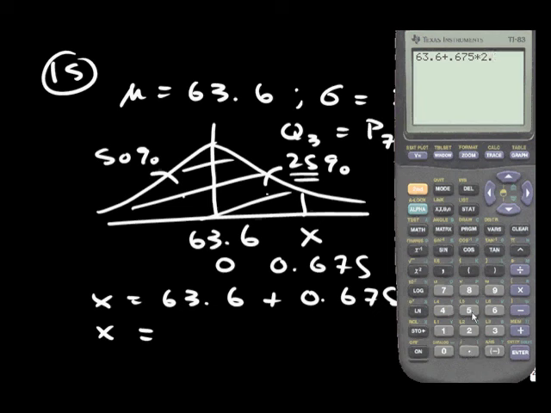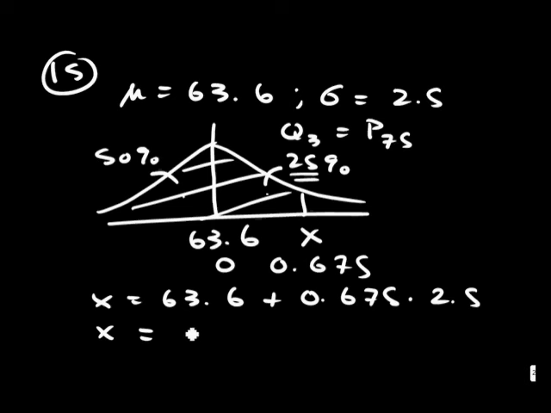We get 65.2875. Approximate this to the nearest tenths, and we get 65.3. So the height that represents the third quartile or 75th percentile is 65.3.